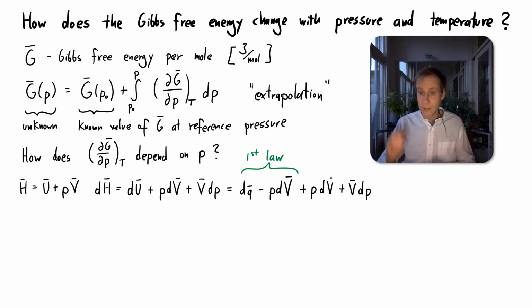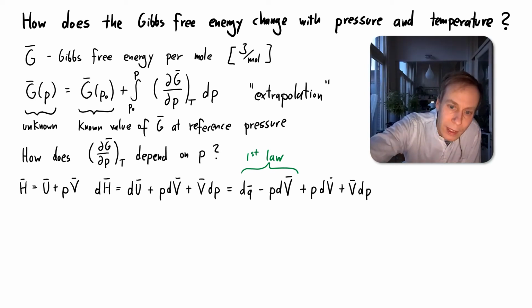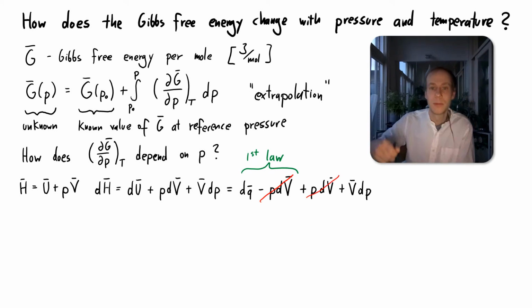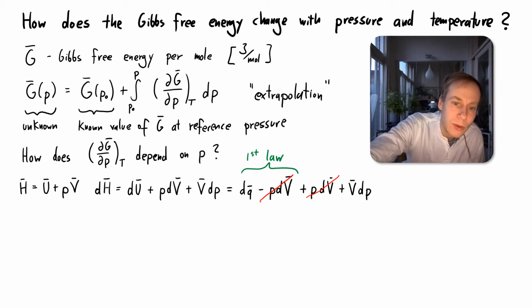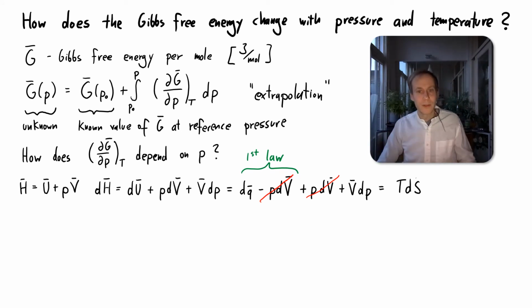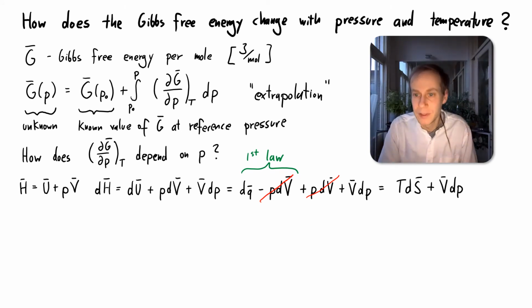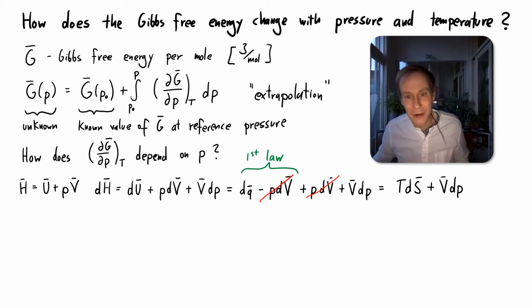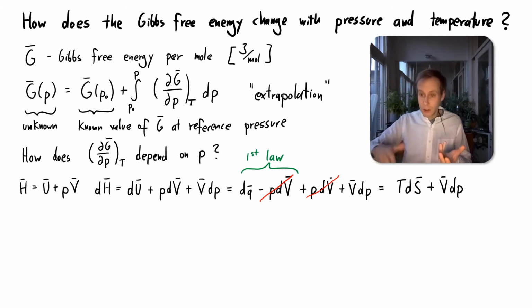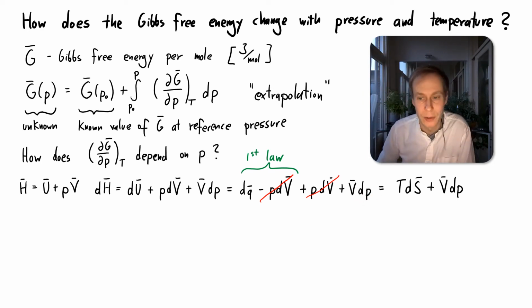Now, excellent, we see that we can cancel out this minus PdV and this plus PdV. With this, we just have TdS plus VdP. I already replaced the dq here with TdS, which expresses the heat transfer with the entropy change of the system. And the VdP remains here from the definition of the enthalpy.